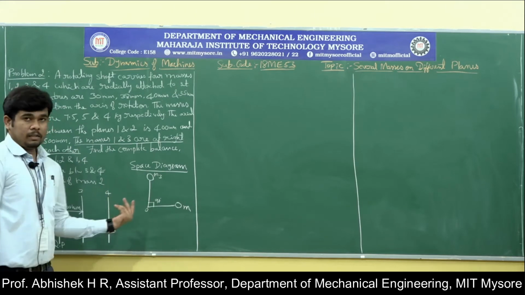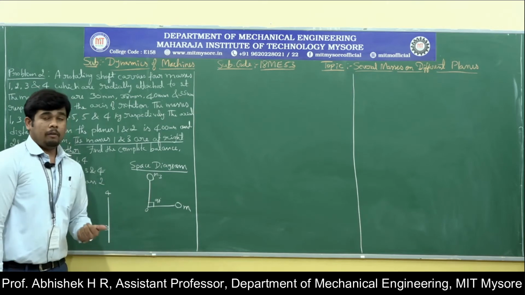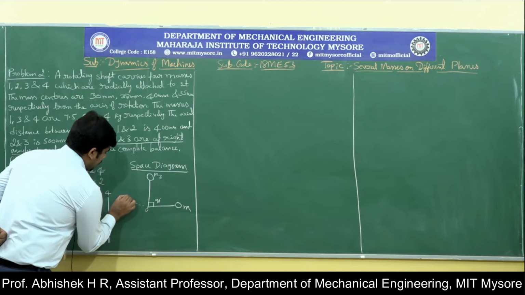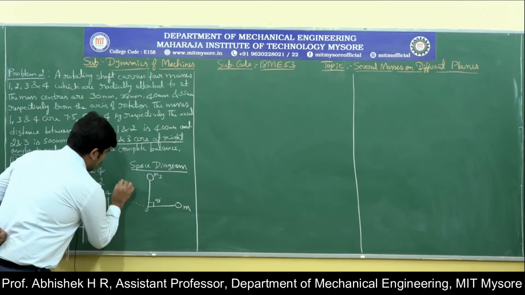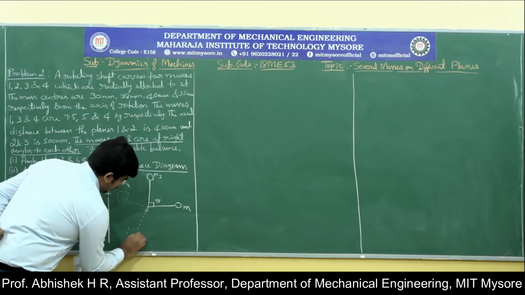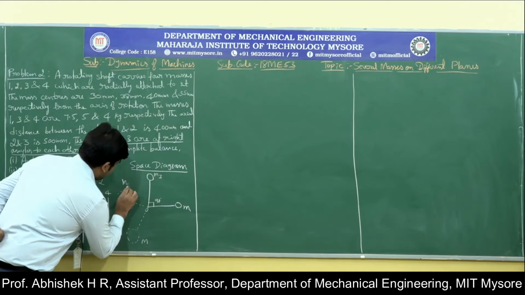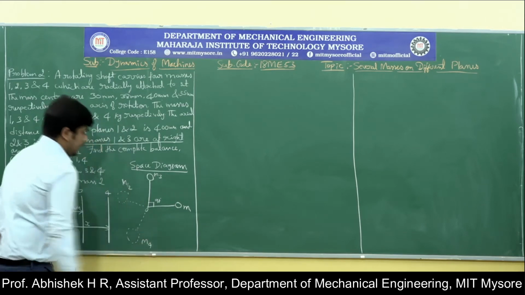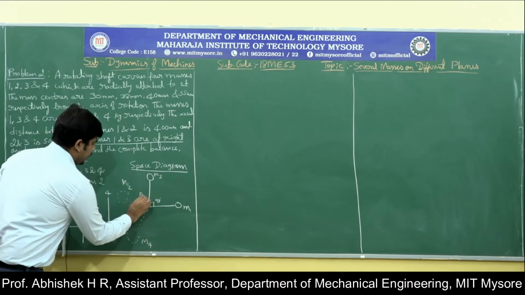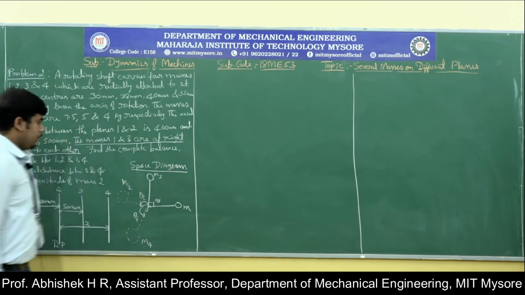Then, the rest of the angles we do not know. We do not know theta 2, and we do not know the value of theta 4. So maybe M4 and M2 will come here. This will be theta 2, this will be theta 4.